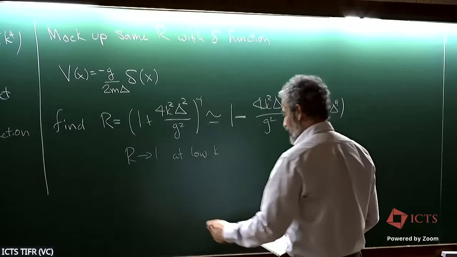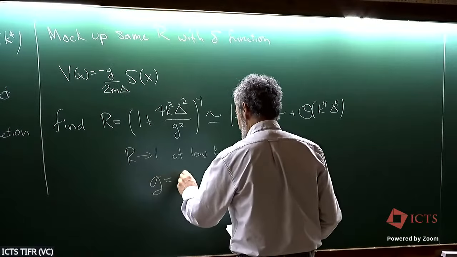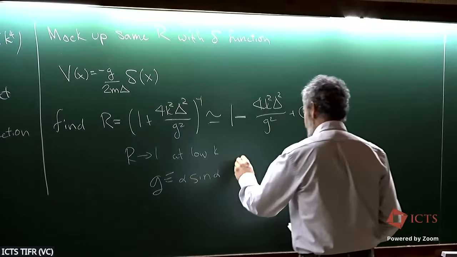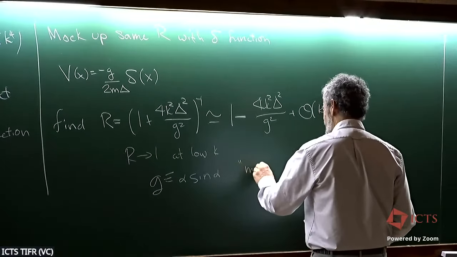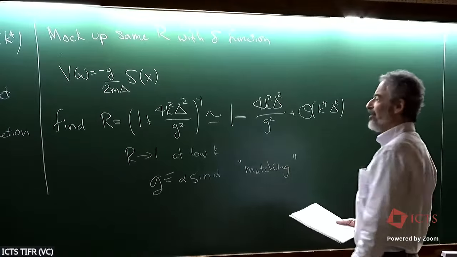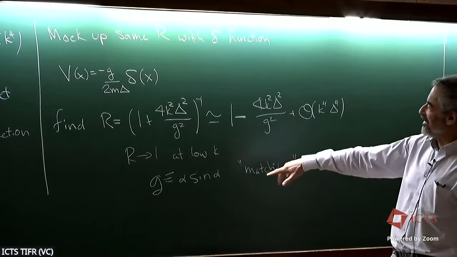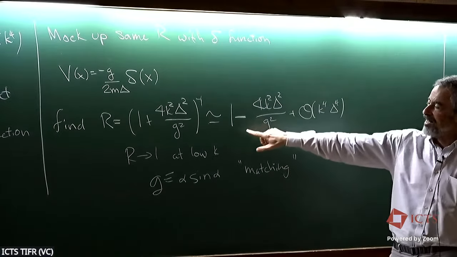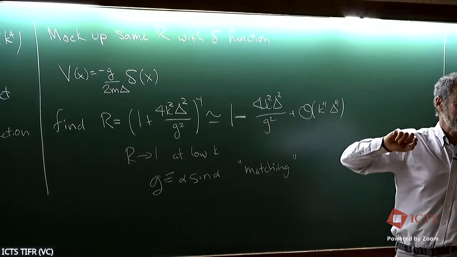And if I take g defined to be alpha sine alpha, which is my matching condition. So what I've done is I tell an experimentalist, go do an experiment at low k and calculate the first deviation of the reflection coefficient from 1.